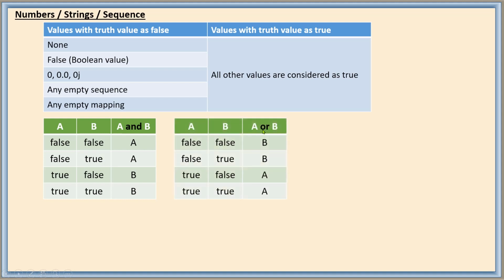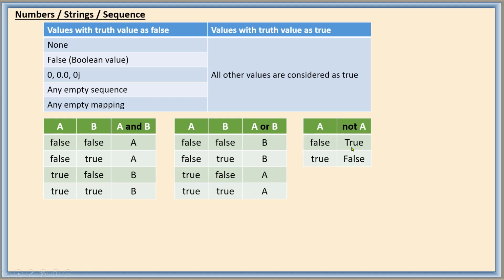Now let us check OR. If A is false and B is false, the value B is returned. If A is false and B is true, either one of these two is true to be returned, so automatically B is returned. If A is true and B is false, A is returned, that is the true value, and if A and B both are true, then A is returned.